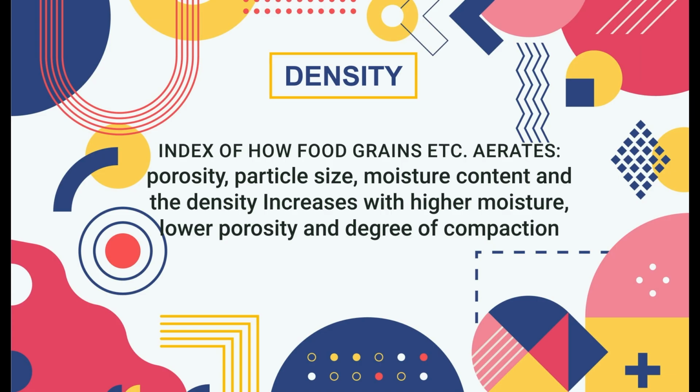And degree of compaction, as I told you, one sack on the other, the bulk density will increase. The flour mills, for example, when they design the flour mills, they always take into account what would be the bulk density of the wheat. So, for example, for determining what will be the yield of the flour mill, milling yield depends on the bulk density of the grains like wheat or pulses or anything.